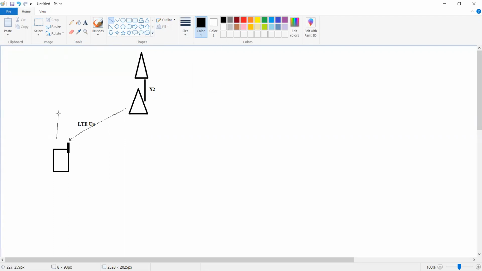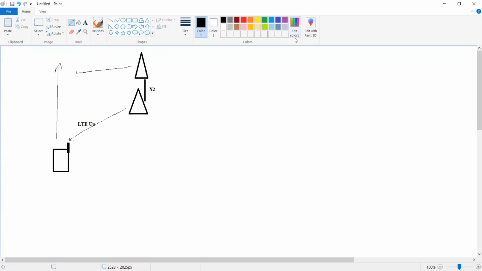Initially it is attached to this eNode B, but after coming here, it may attach to this eNode B. This is how the two eNode Bs communicate during handover, mainly during handover. During reselection, it will not come into the picture.